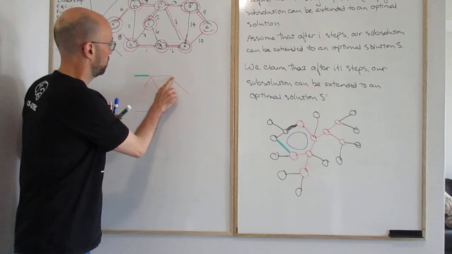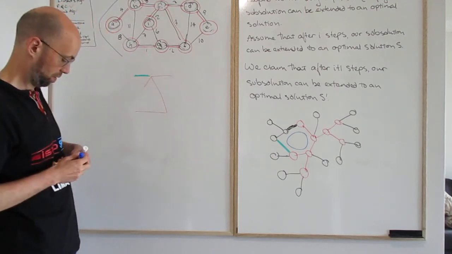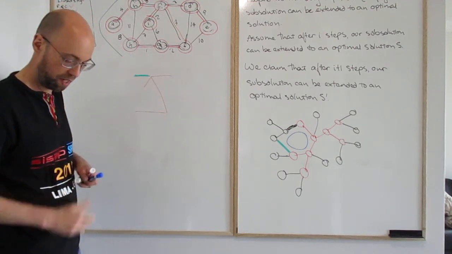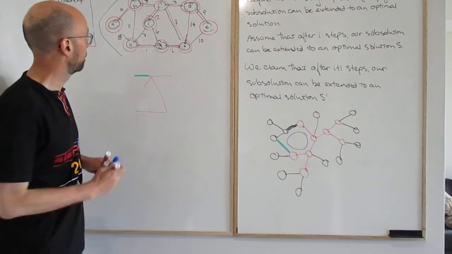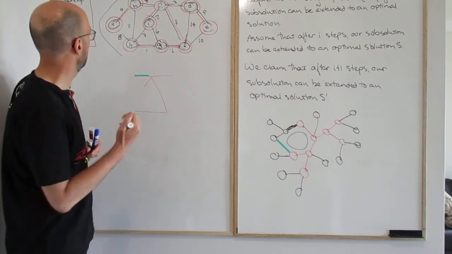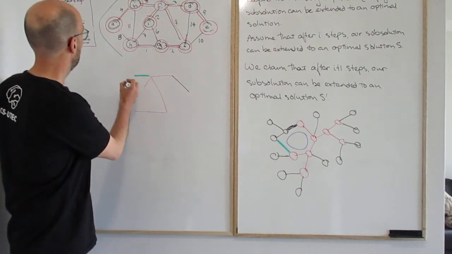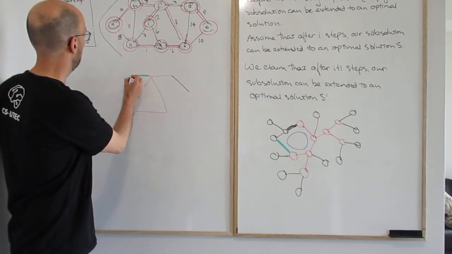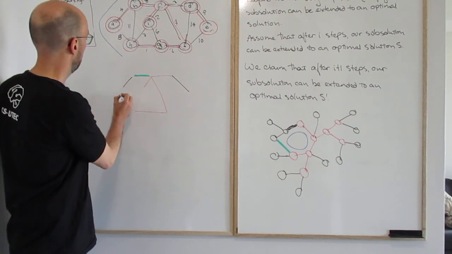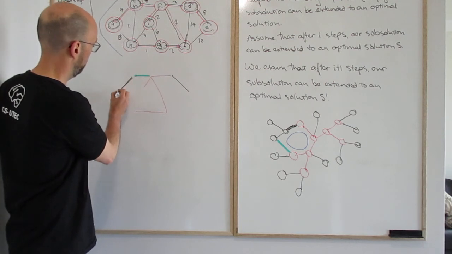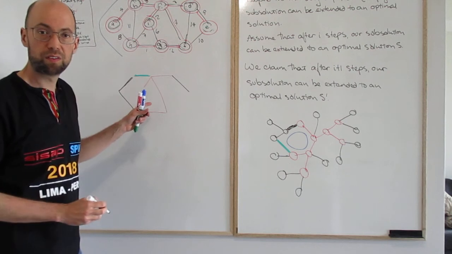Okay, so this would also be black. It doesn't actually matter. All of this more expensive stuff would be black. And this would be black. And this would be black. Can you see this?